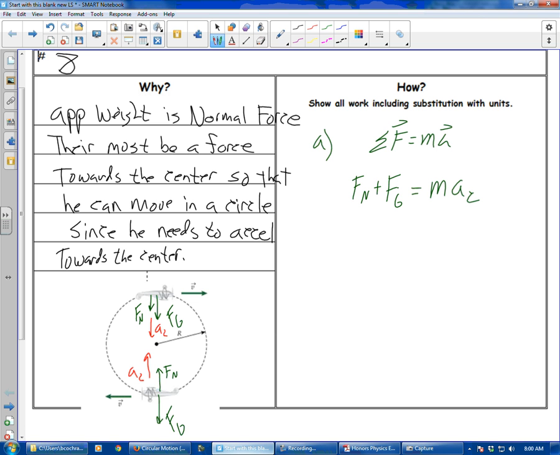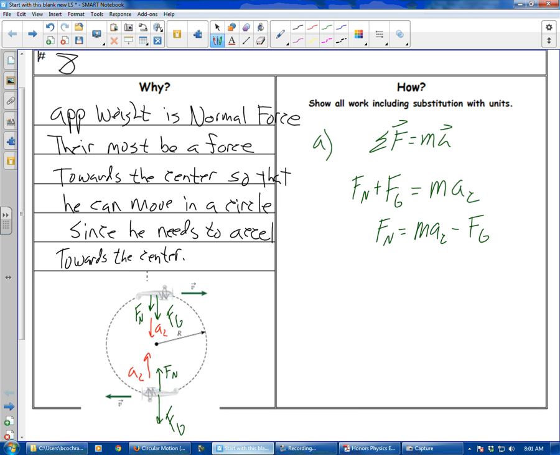And we're looking for the normal force. In this case, the normal force equals the inertia times the acceleration minus F sub G. Okay.